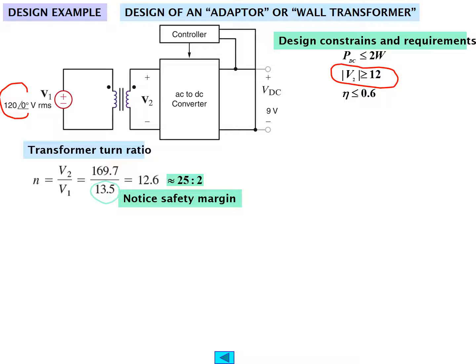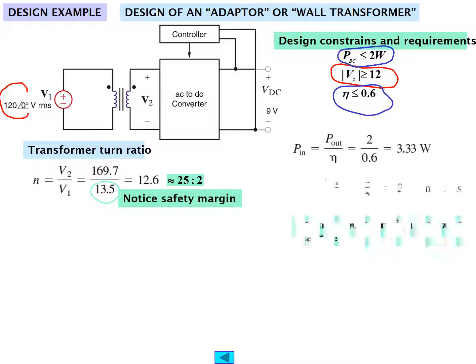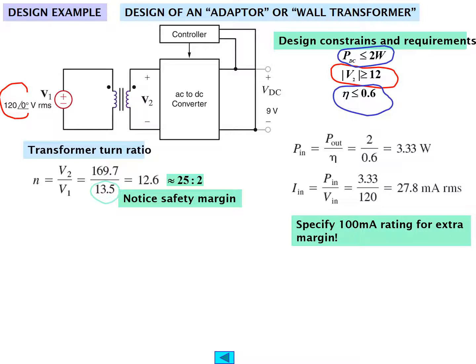We can take a safety margin, if you will, and make it a little bit bigger by just using that as a base value and then working in this desirable margin. P in is P out divided by eta, the efficiency, or about 3.33 watts. And therefore I in was P in divided by V in, about 27.8 milliamperes RMS. And we can specify a 100 milliampere rating to give us even more of an extra margin.